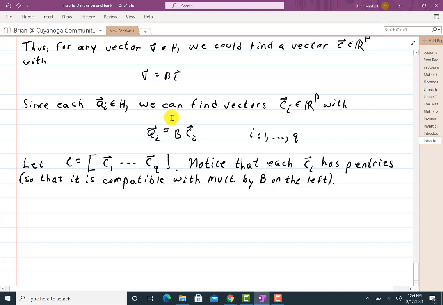The matrix B has p columns. In order for ci to be compatible with multiplication by it, we would need each ci to have p entries. Each column has p entries, but we have q columns. So C is a p by q matrix.